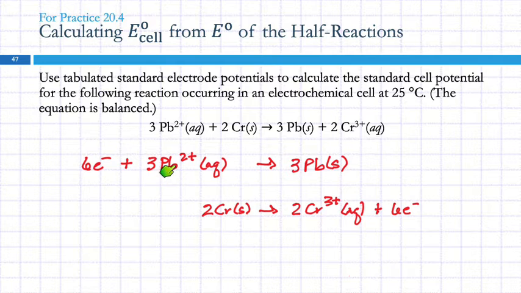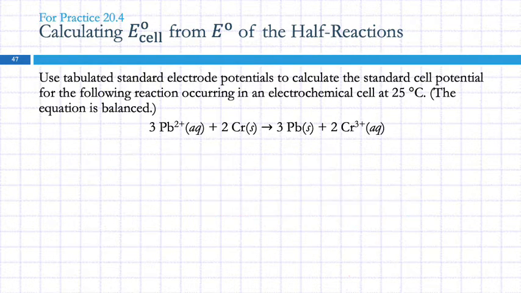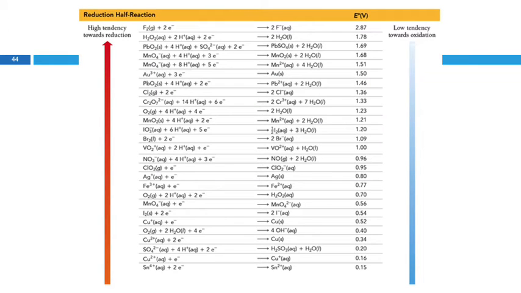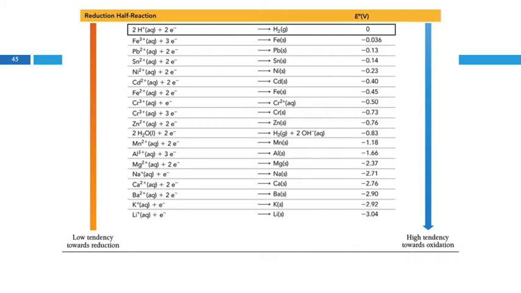I'm going to go to that table and I'm going to look for one that has Pb2+ and Pb. So let's start here at the top. That's not right. No. Oh, here's Pb2+ and Pb, right? So this is lead 2 plus electrons. So this is a reduction reaction, and E0 for this is negative 0.13.